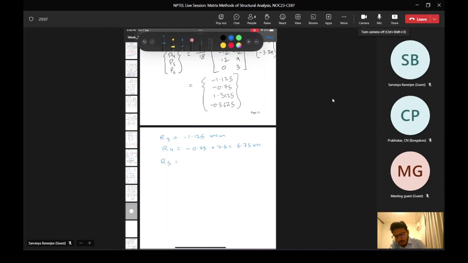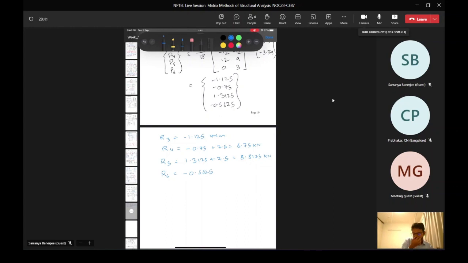R5 had the fixed end moment, so R5 would not be the same. R5 would be 1.3125 plus 7.5. It is 8.8125 kilonewton, and R6 would be minus 0.5625.